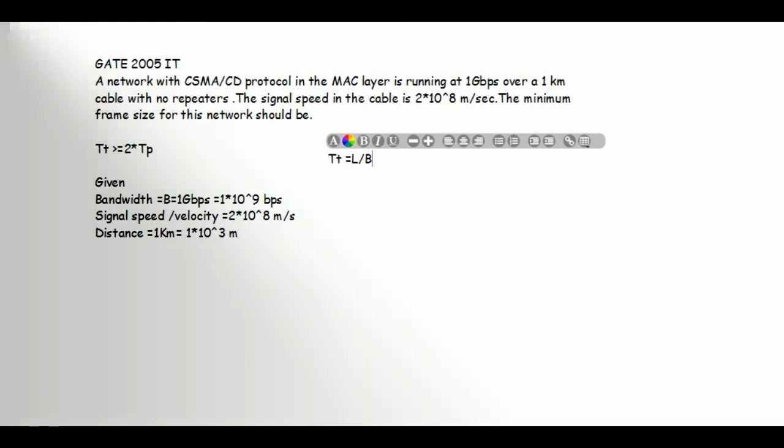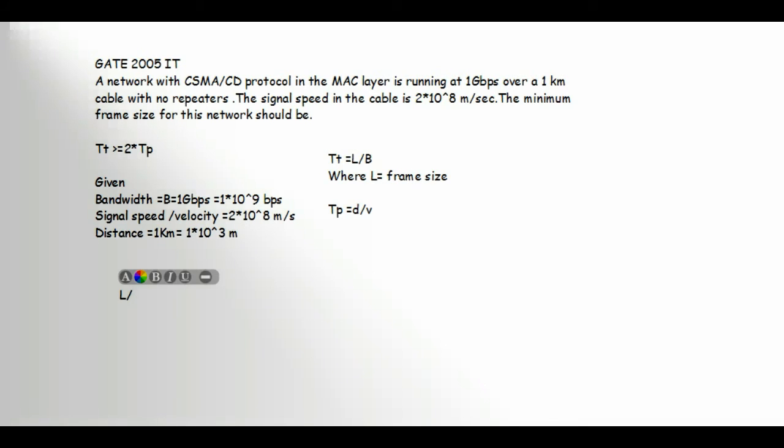Here transmission time is equal to L by B, where L is equal to frame size and B is equal to bandwidth. And propagation time is equal to distance by velocity. Let's put all this information into the formula. So we will get L by B is greater than or equal to 2 into distance by velocity. In this question we have to find out the frame size, which is L. So L is greater than or equal to 2 into distance by velocity into bandwidth.